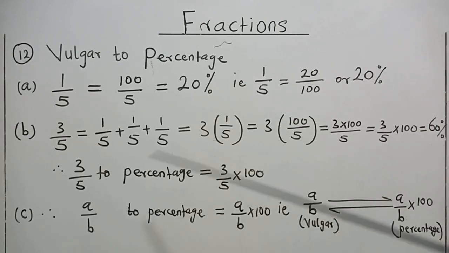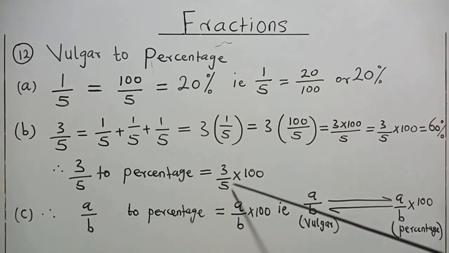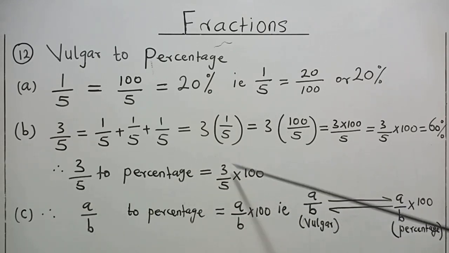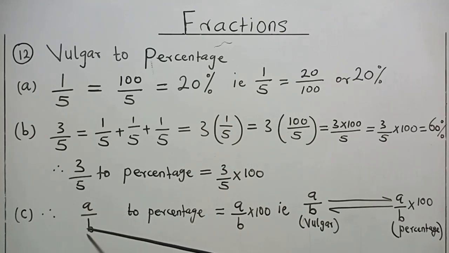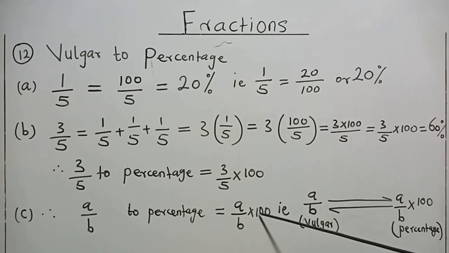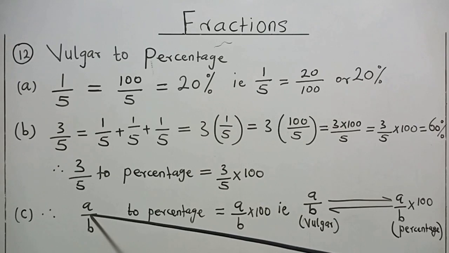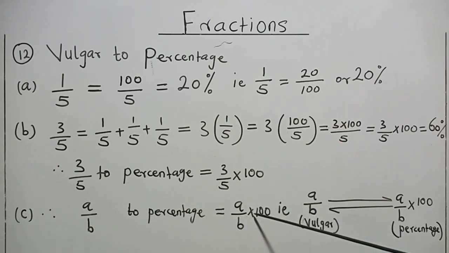That is the formula for converting vulgar to percentage fraction. See it here. Since 3 over 5 is equal to 3 over 5 times 100, this being in vulgar and this being in percentage form, we conclude that A over B, that is any fraction at all, to percentage is equal to that fraction times 100. I repeat, any fraction to percentage is equal to that same fraction times 100. The summary is here.